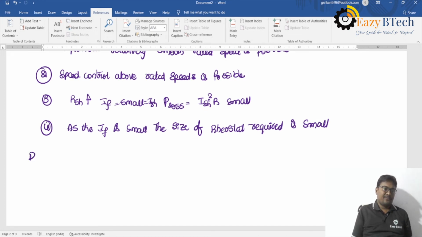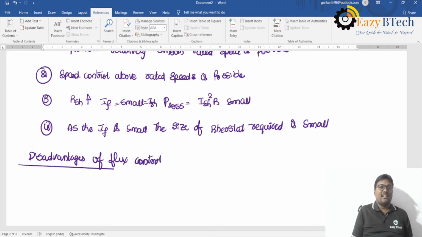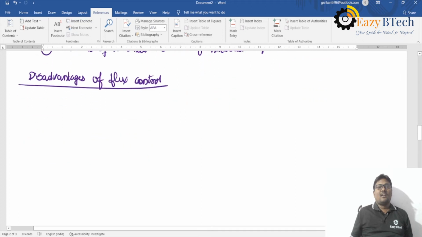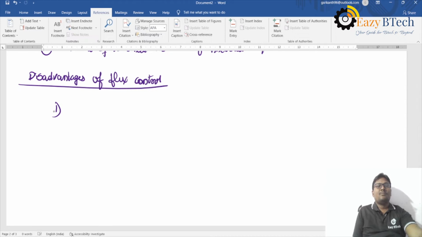Next, disadvantages of flux control. What is the first disadvantage? We can go for above rated speeds, but we can't go for below rated speeds.